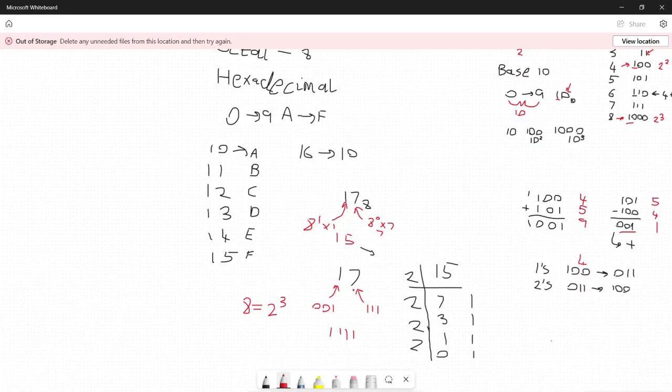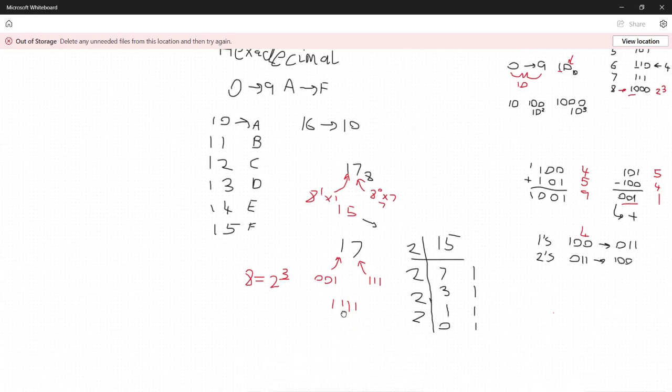This number here is 7, and that is going to fill the 2 to the power of 0, the 2 to the power of 1, and the 2 to the power of 2. Because 8 is 2 to the power of 3, 8 takes up 4 digits of binary, but because we can only go up to 7, it takes 3.